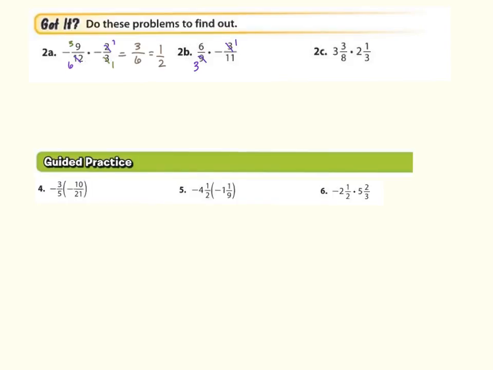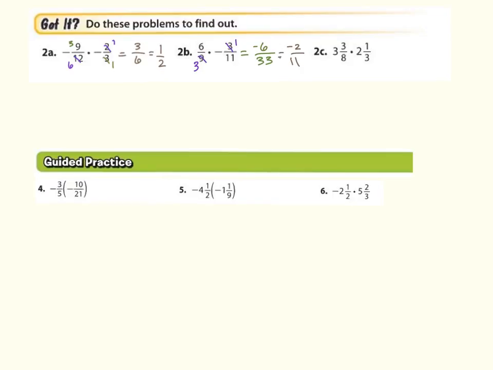We know that 6 divided by 3 is going to be 2, but let's wait till we multiply straight across. 6 times negative 1 is negative 6. Now we're going to divide by 3, and we're going to get an answer of negative 2 over 11.